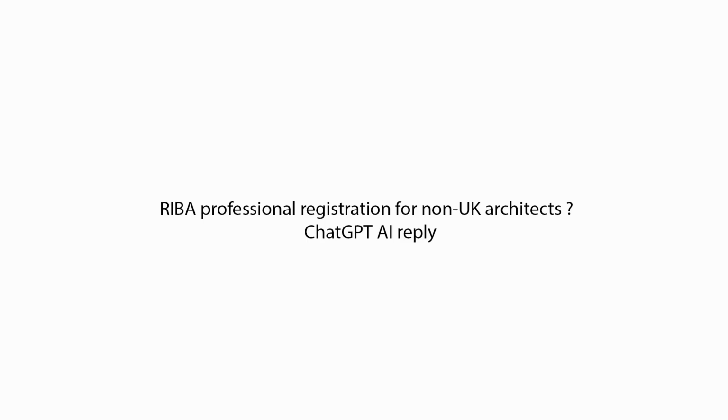Second, main routes for non-UK educated architects. There are three possible routes, but one is clearly dominant for experienced foreign architects. Route A, most common, the ARB prescribed examination. Best route for architects educated outside the UK. Route B, UK university study, Part 1, Part 2.